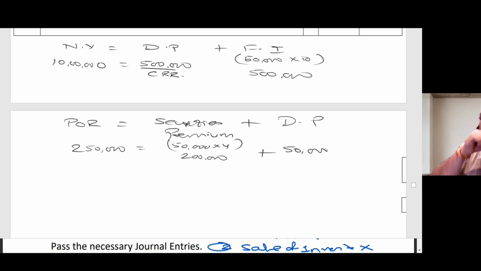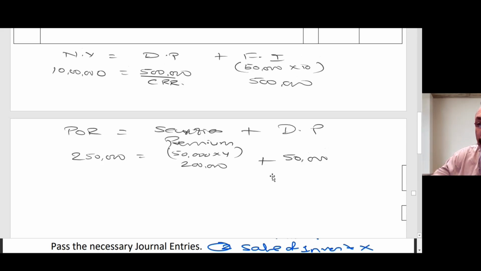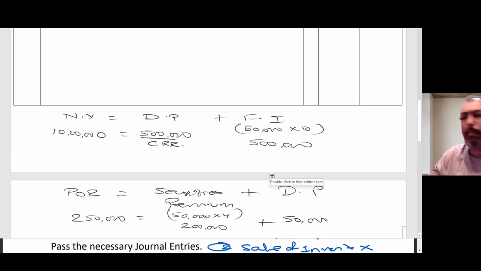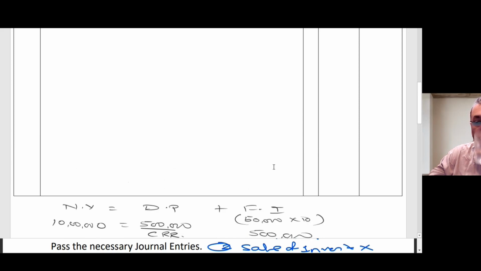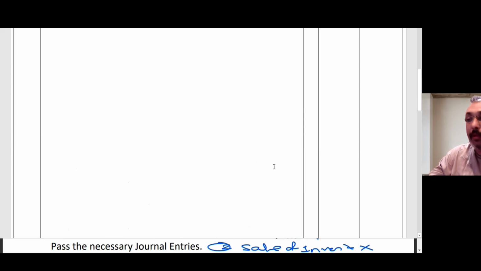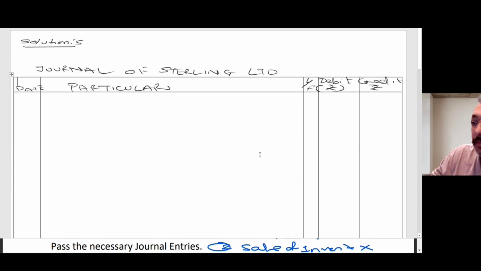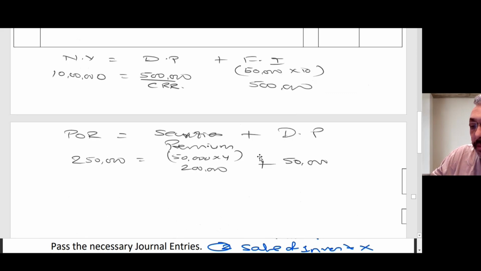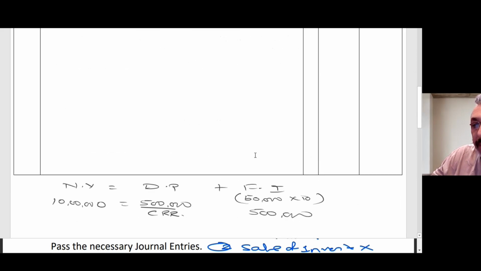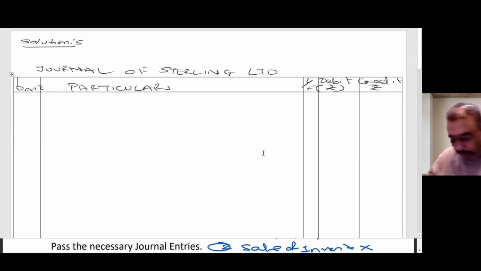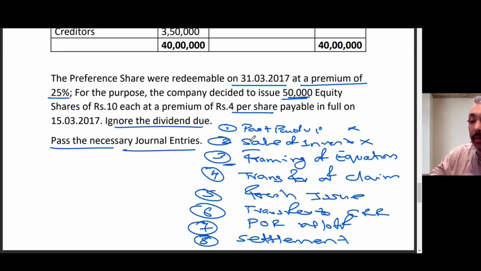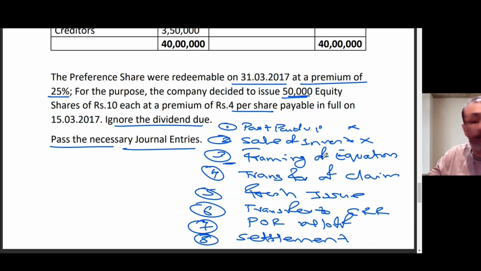तो almost अपना equation ready है. And we are more or less meeting all the standards. So all the requirements we can meet. So third step, मतलब अगर we have completed the third step, let's go for transfer of claim.